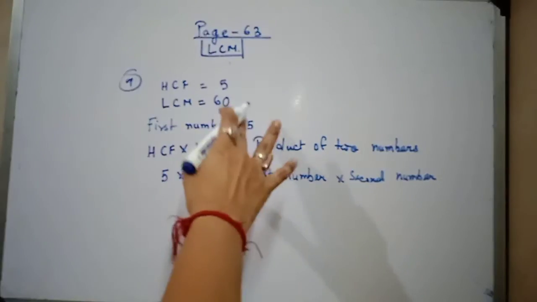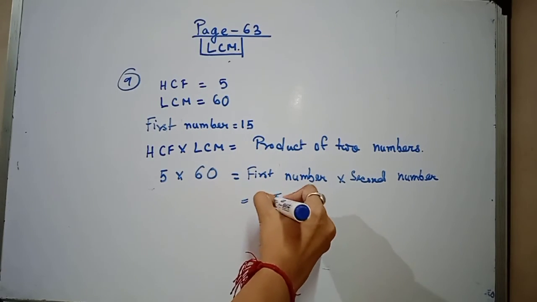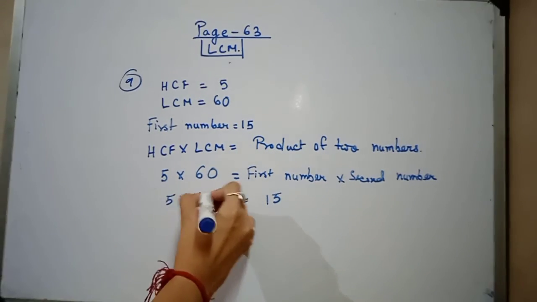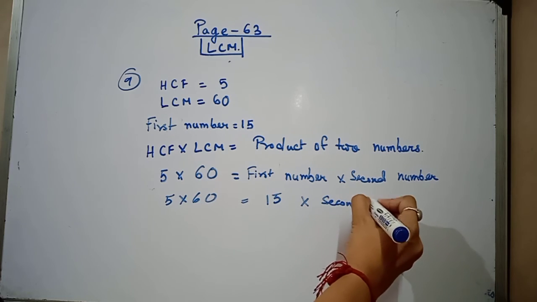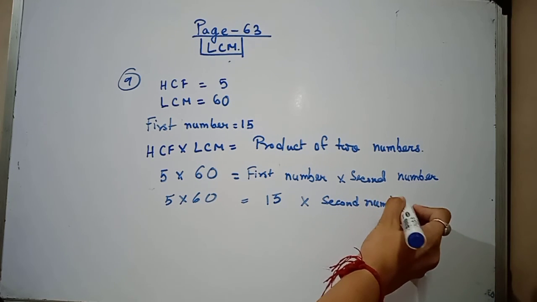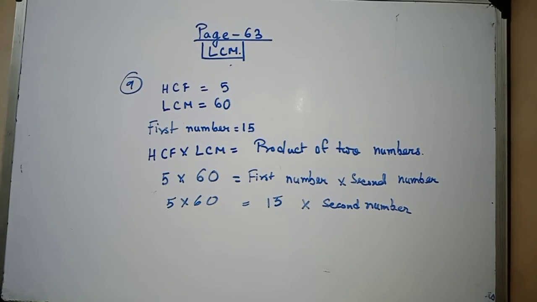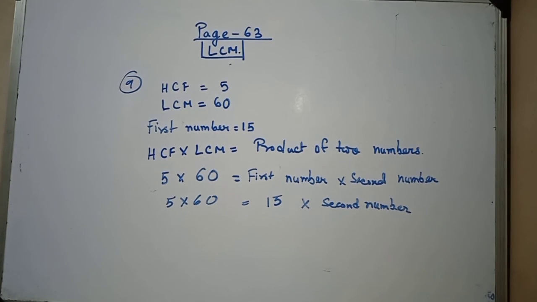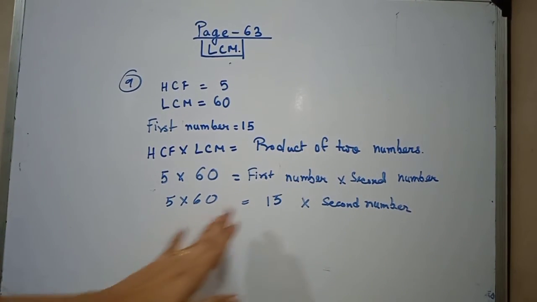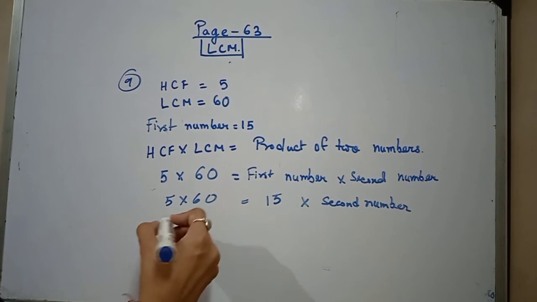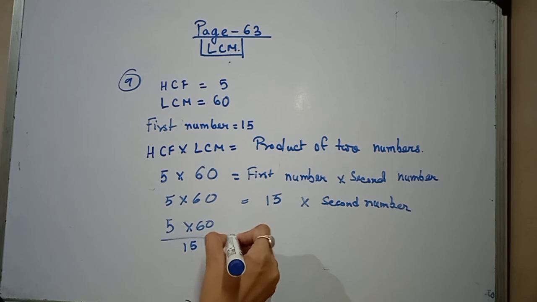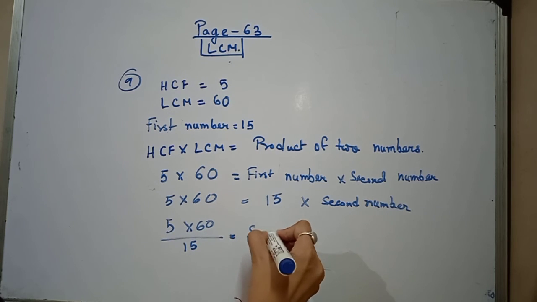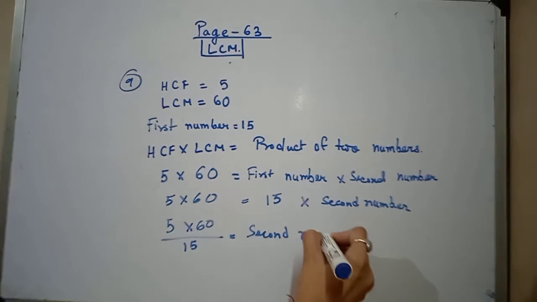So I am putting the first number as 15, and I get 5 into 60 equals 15 into the second number. So 15 is in multiplication with the second number. If I want to change the side, I will write 15 in the division. This is the second number.